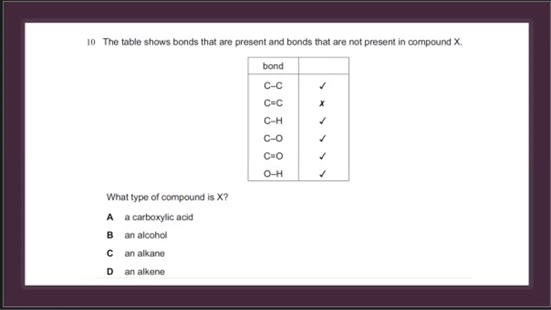All right. Question 10. The table shows bonds that are present and bonds that are not present in compound X. So compound X does not have a carbon-carbon double bond. It has carbon-carbon single bonds.